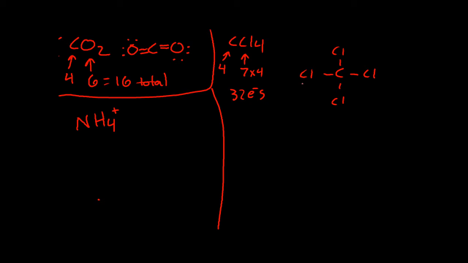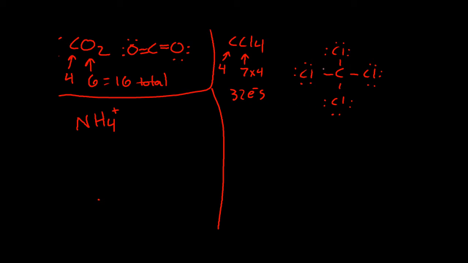So starting at 8, we have 10, 12, 14, 16, 18, 20, 22, 24, 26, 28, 30, 32. Okay, we ran out of electrons, we only had 32 to give, so the carbon is not going to get any lone pairs. That being said though, does the carbon want any lone pairs?